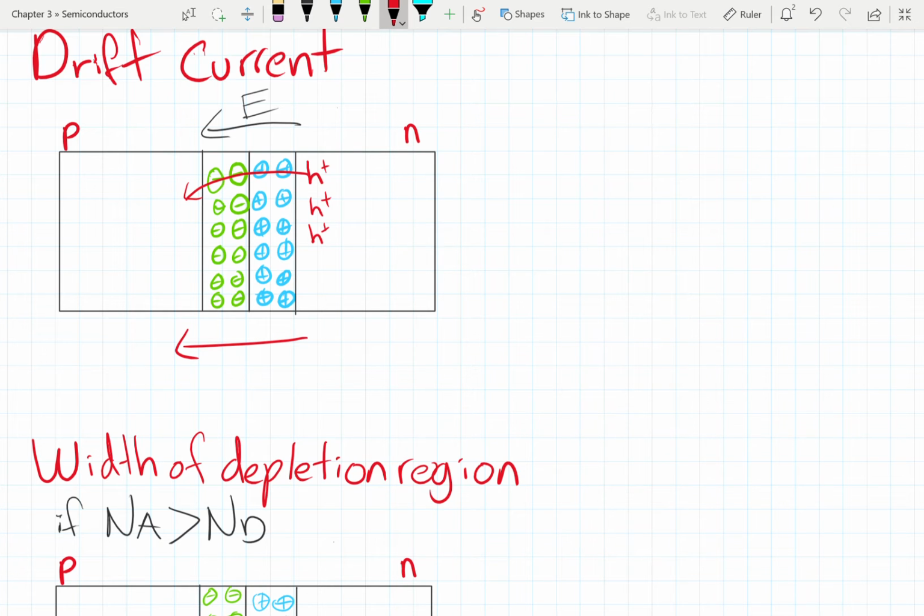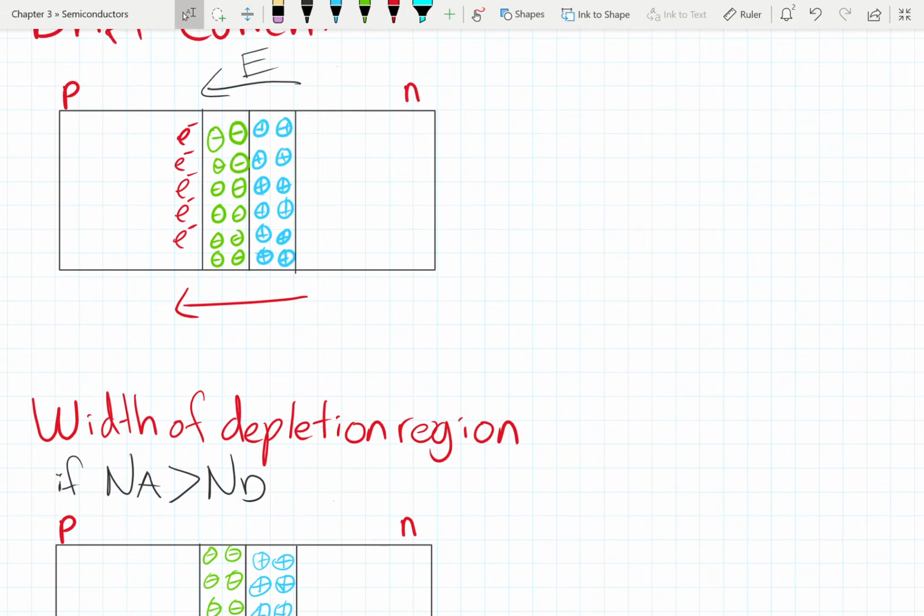Now let's see what happens to the minority carriers on the P side. The minority carriers on the P side are electrons. These thermally generated minority carriers near the depletion region get attracted to the positive side, because electrons flow in the opposite direction to the electric field.